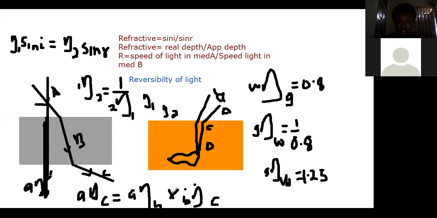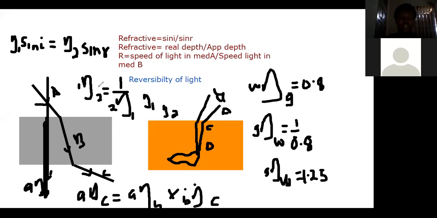Is it this one? Yes, yes. The first formula you gave under reversibility of light. Is it this one?